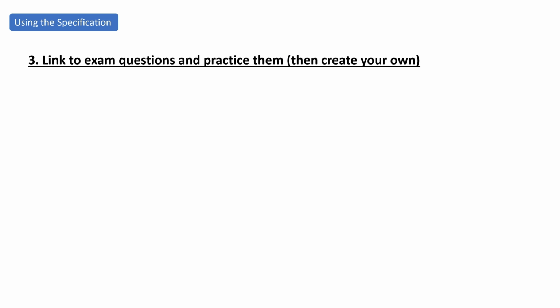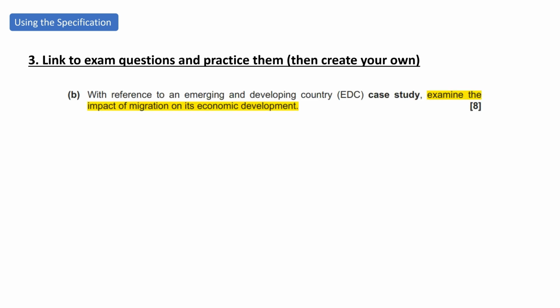The third way is to link to exam questions and then start practicing them and hopefully create our own. Again, I looked at an old exam paper and I found this question, it's an 8-marker, which talks about an EDC case study: examine the impact of migration on its economic development.